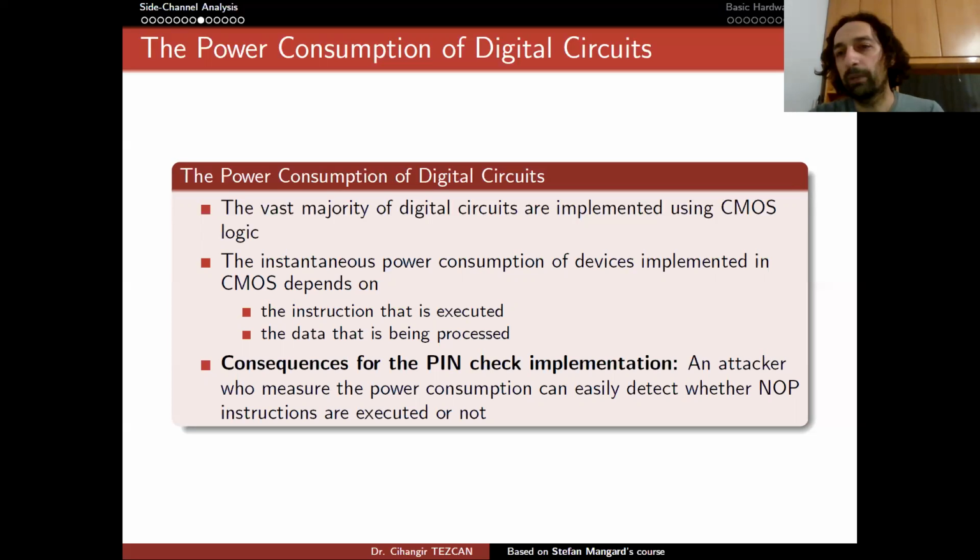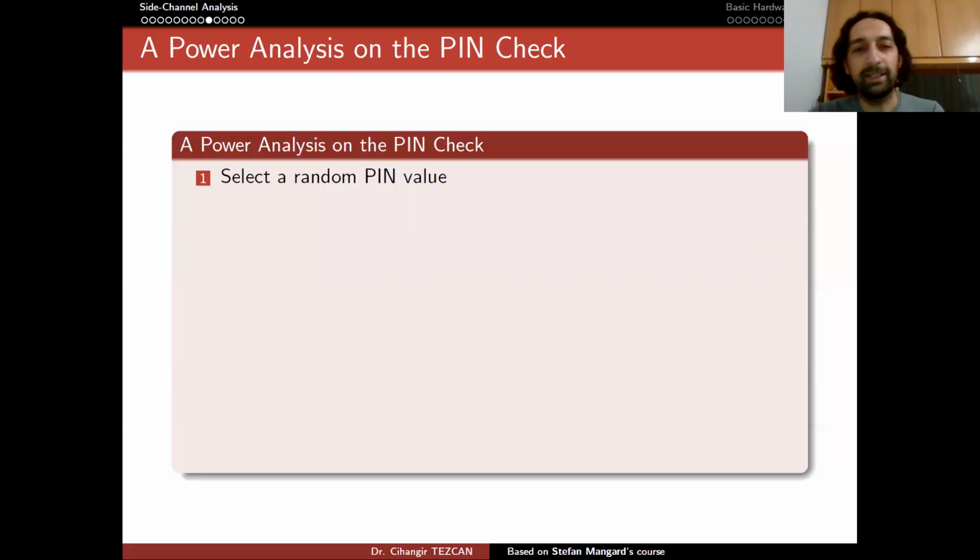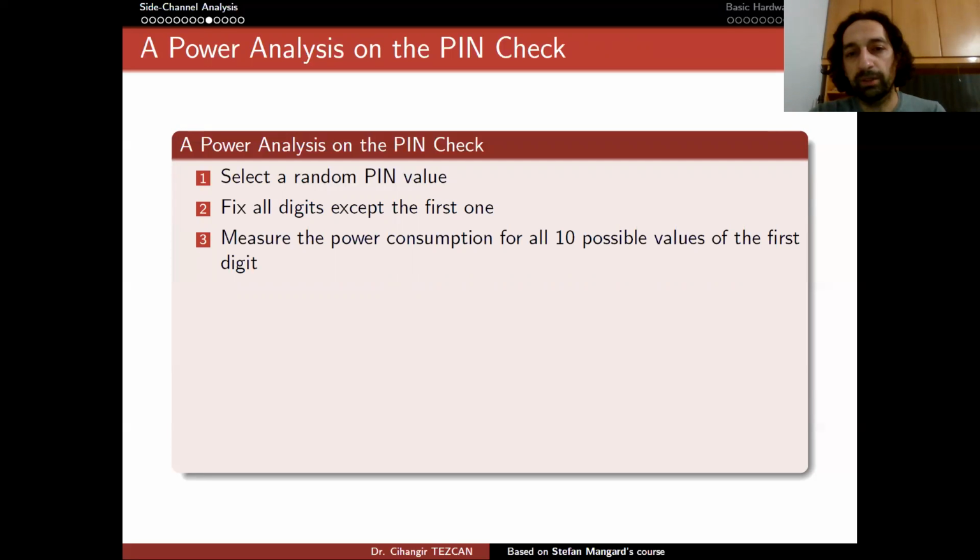So we can perform the previous attack, but this time, instead of looking at the time, we are going to look at the power consumption. Again, we are assuming that we have physical access to the device so that we can measure the power it consumes. Select a PIN value, fix all digits except the first one, and measure the power consumption for all 10 possible values of the first digit.